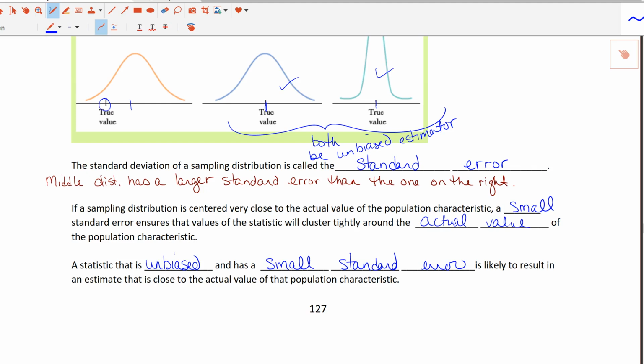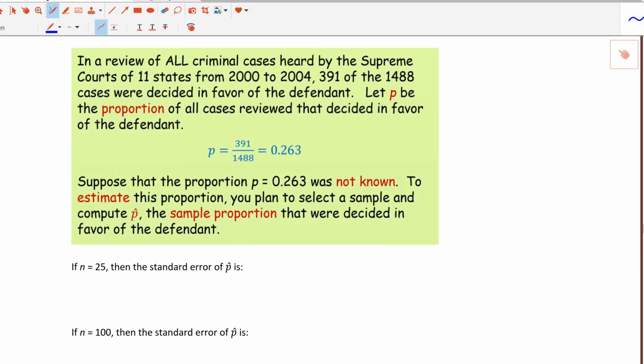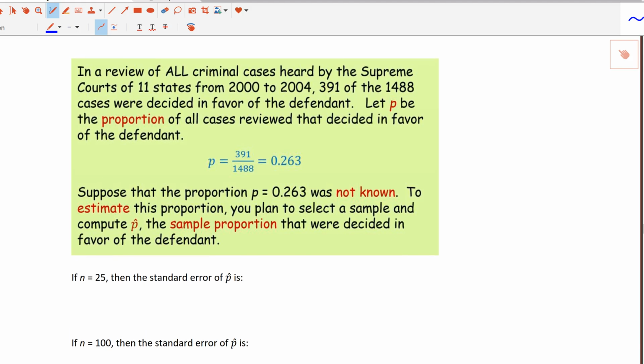Okay, so let's take a look at an example to get an idea of how these numbers work. In a review of all criminal cases heard by the Supreme Court of 11 states from 2000 to 2004, it was found that 391 of the 1,488 cases were decided in favor of the defendant.